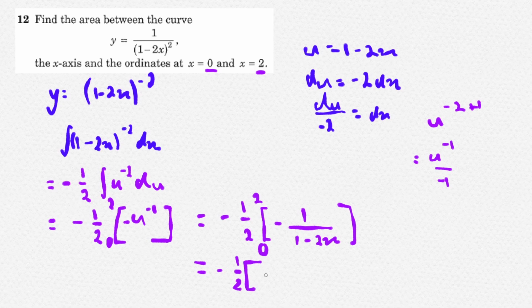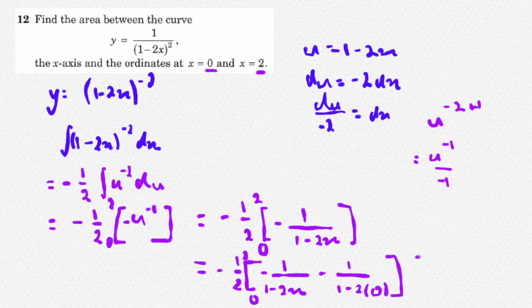So minus half times minus 1 over 1 minus 2 into 2. This would be our first part for our first limit. So then we must minus it by our second limit, which is 0, which would be minus 1 over 1 minus 2 times 0, and then big close bracket.